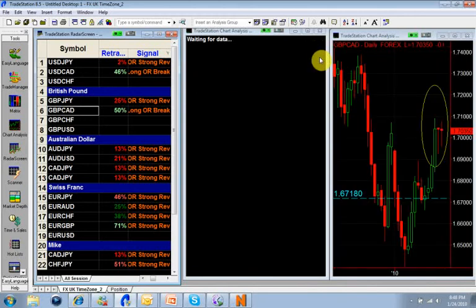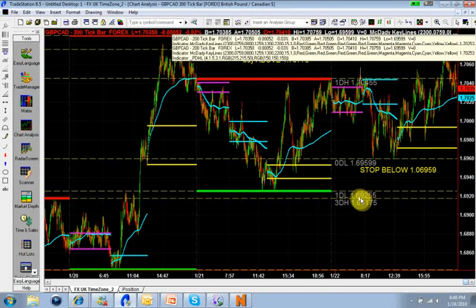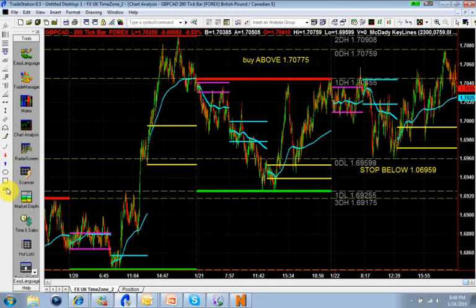As far as shorting that baby, the high-probability trade is to the upside. And we are going to short this one if it trades below this, so this is our shorting point to short the pound CAD.